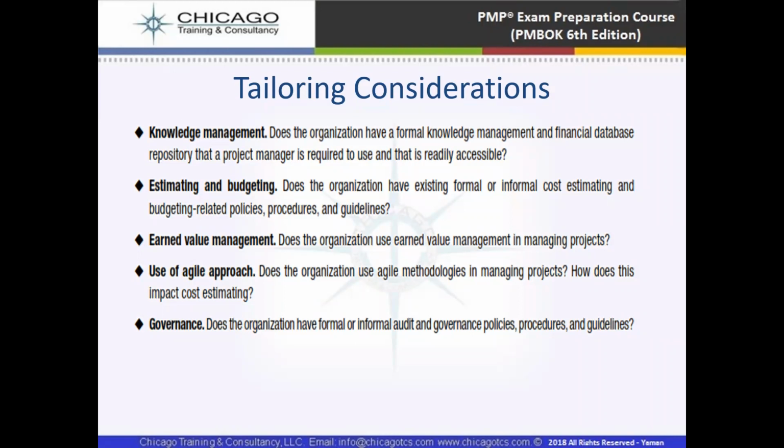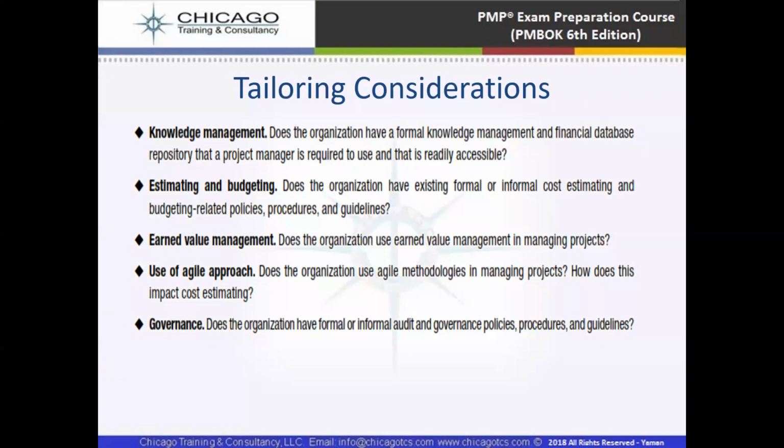It means, do we have knowledge management in our project? Do we have a formal knowledge management or financial database that a project manager can use when required and that is readily available to the project manager? This is one of the tailoring considerations nowadays.